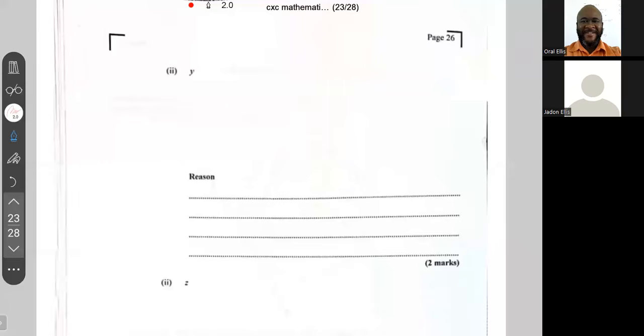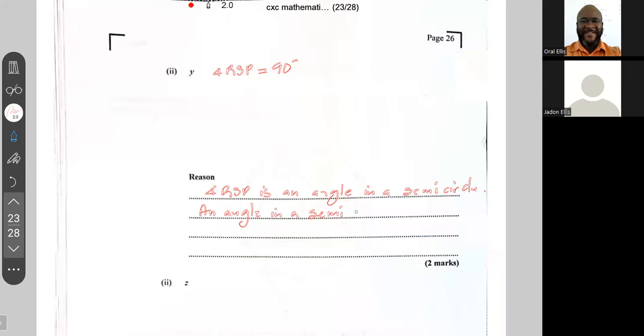RSP is 90 degrees. So I'm going to tell the examiner that angle RSP is equal to 90 degrees. Angle RSP is an angle in a semicircle. And if you want, you could write an angle in a semicircle is equal to 90 degrees.